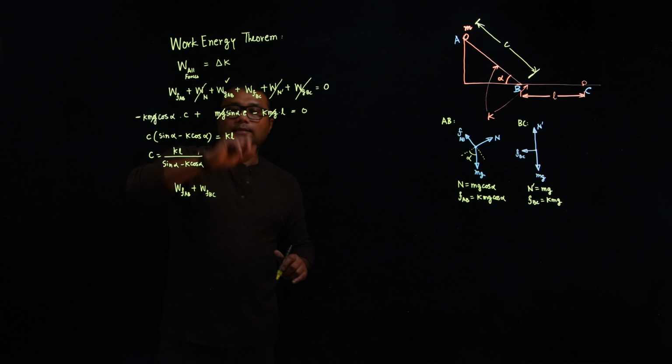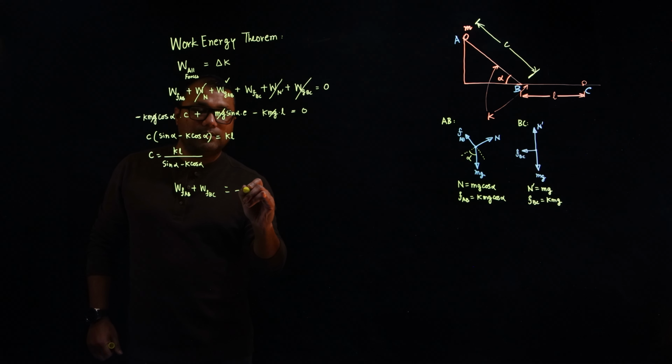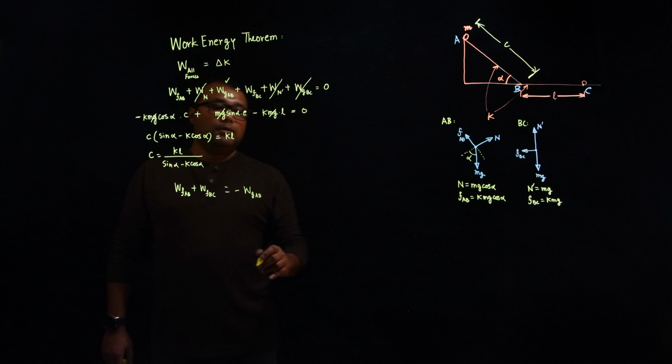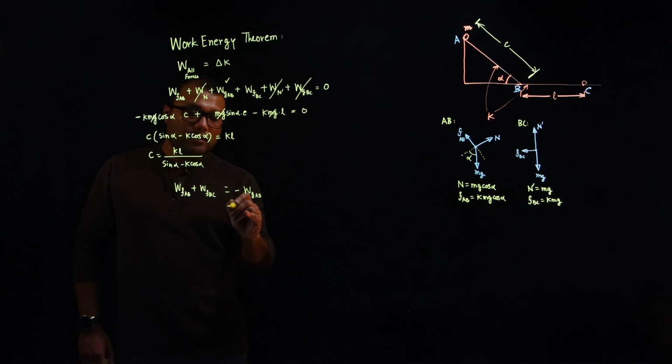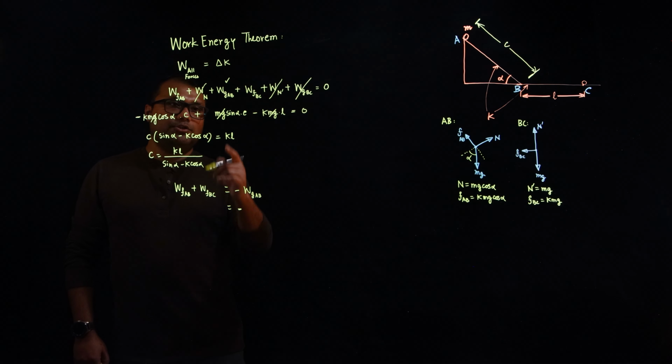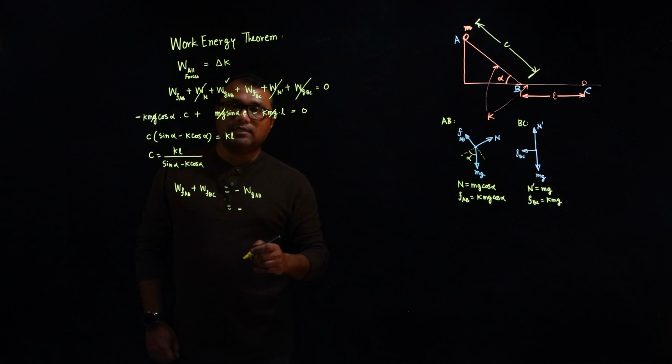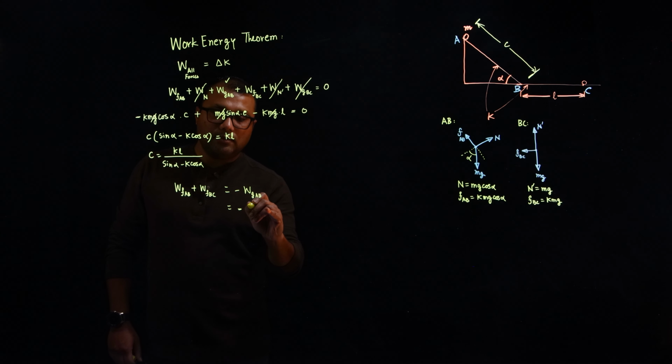And what is that? That is equal to minus the work done by gravity in the journey AB. Work done by gravity in the journey AB is mg sine alpha into C, so minus mg sine alpha into C.